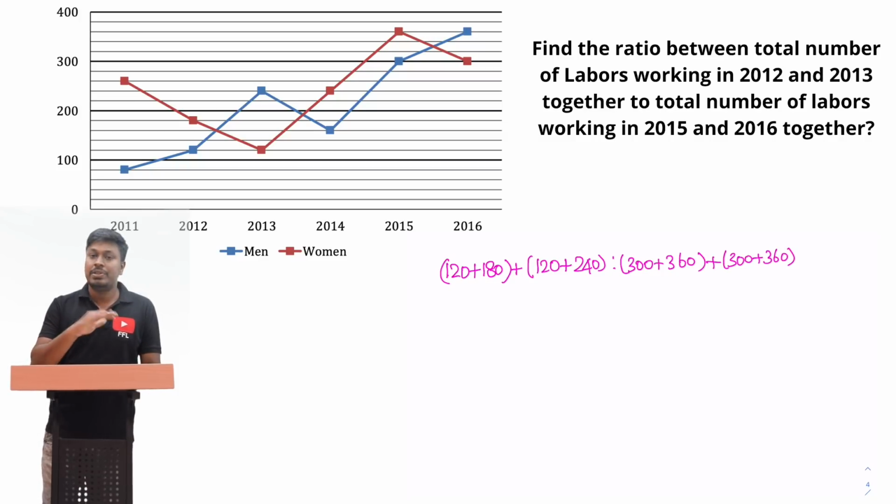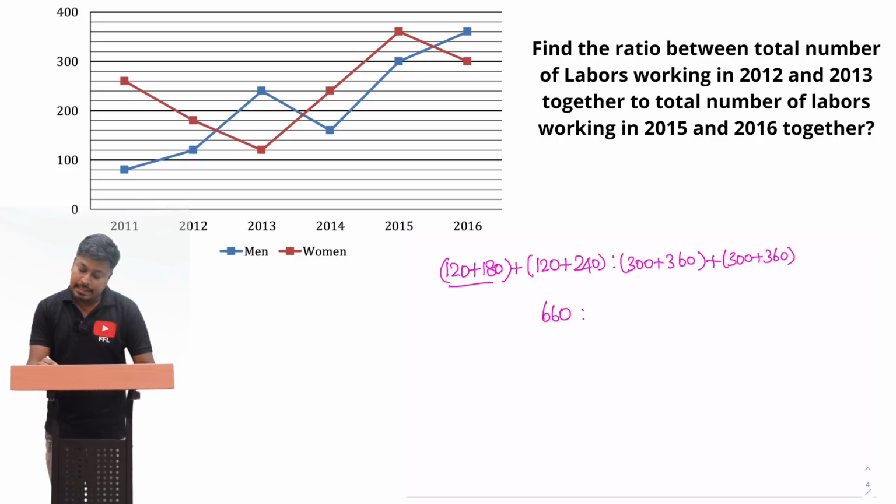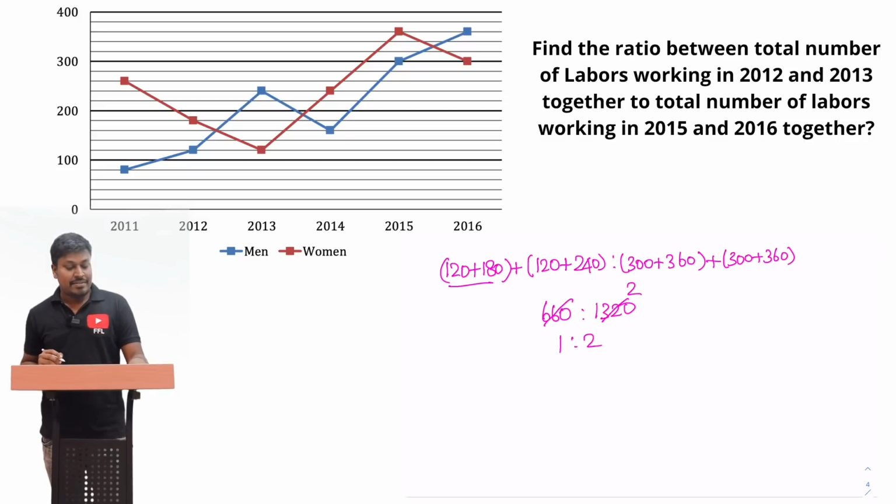Got it? We are finding the total laborers working. If you add this, it will be 300, 360, 660. So 660 into 2 will be 1320. So 1320, I think we can cancel this to get a 1:2 ratio. Yes, we have the second option, that is 1:2. So the answer for this question will be 1:2.